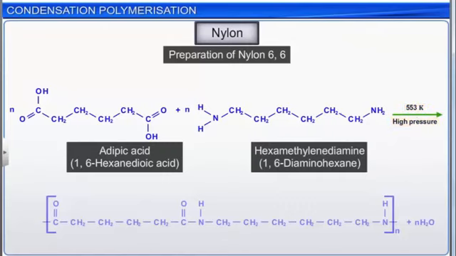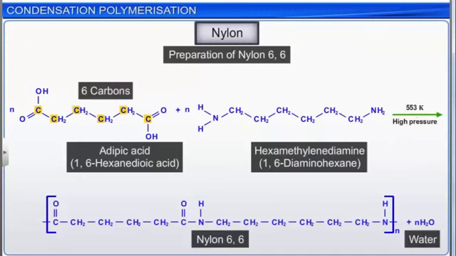This polymer is called nylon 6,6 because there are 6 carbon atoms in each monomer, adipic acid and hexamethylene diamine, that participates in the reaction.